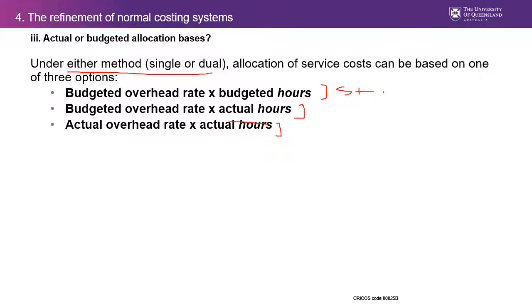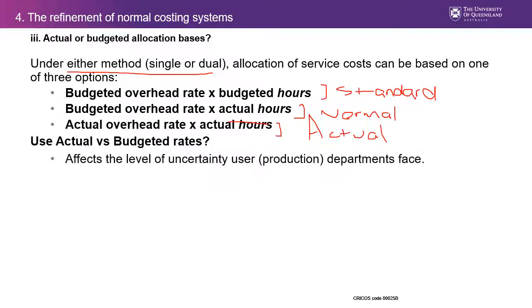We're not dealing with this yet in this course. Towards the end of semester, we'll introduce you to these. This is standard costing. This is normal. And the final one is actual costing.